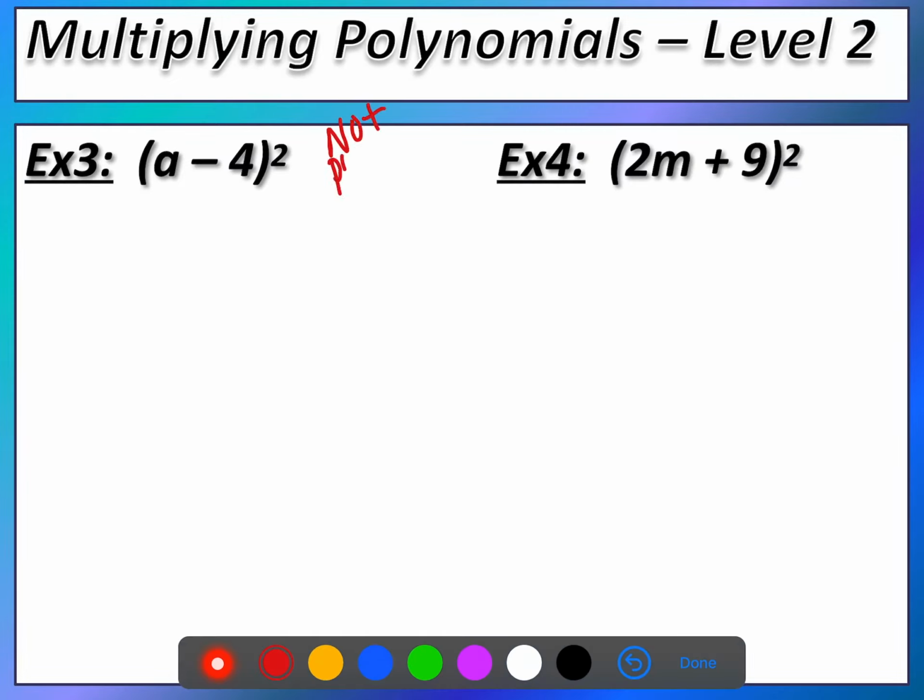So this is not power to a power, because a minus 4 is not a monomial.